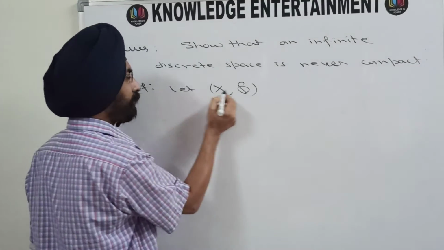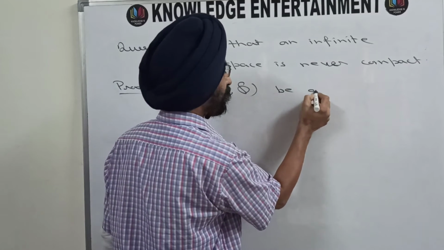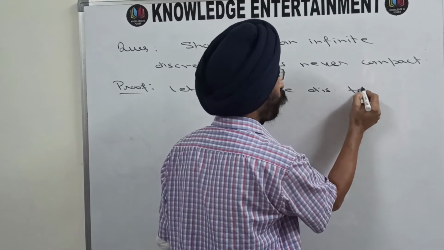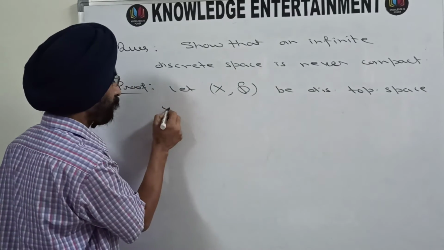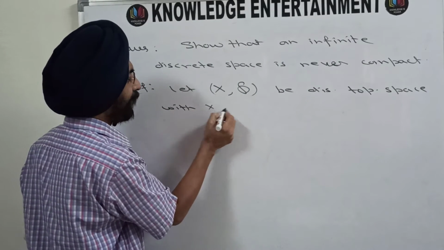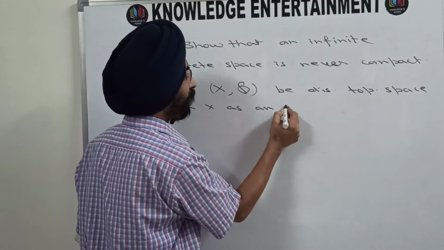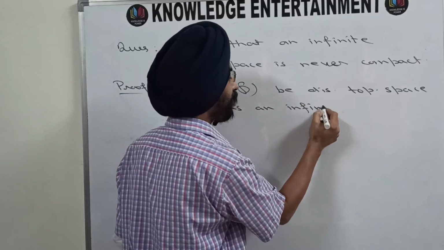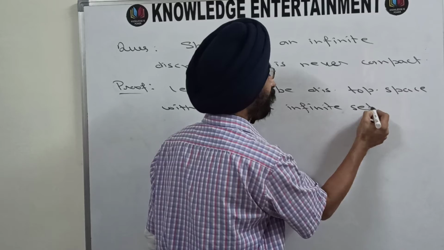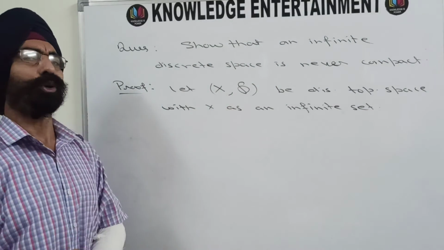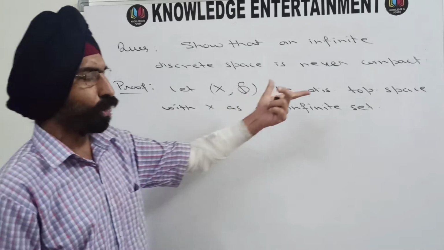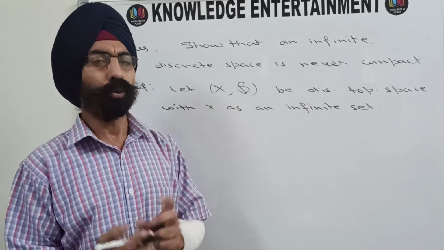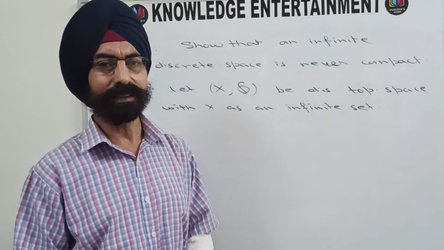Let (X, D) be a discrete topological space with X as an infinite set. So I have taken an infinite set and I have defined discrete topology on it. Now what I need to show is that it is not compact, so I need an open cover having no finite subcover.